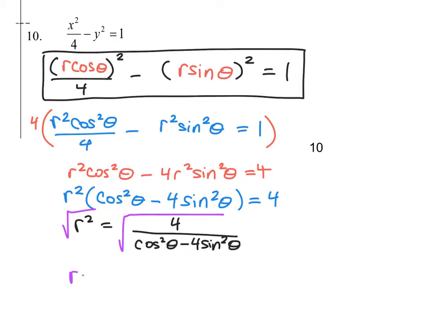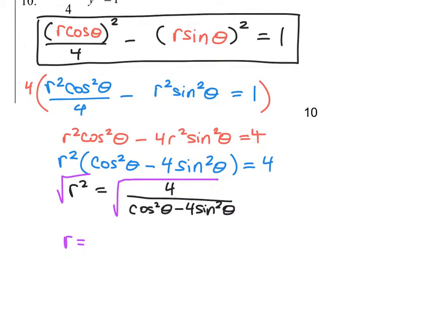And so I'd have r equals plus or minus, I'll make it a 2 on top over the square root of cosine squared theta minus 4 sine squared theta.